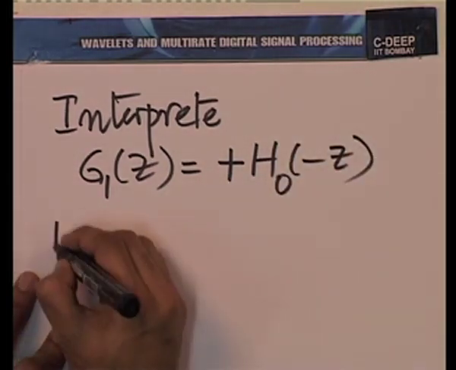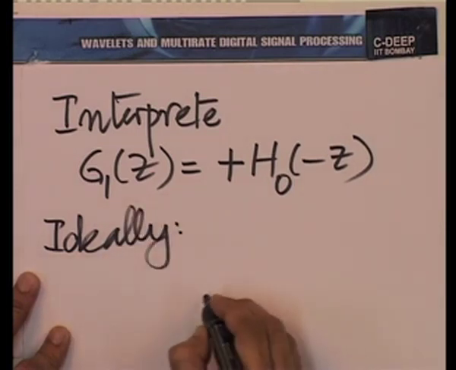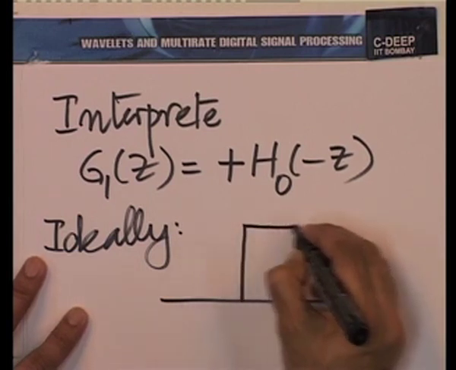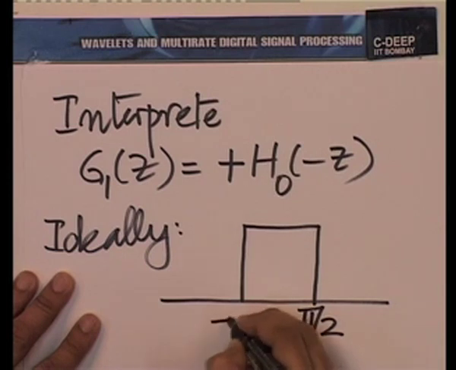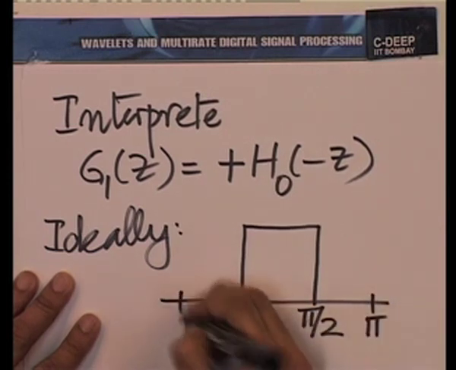You see, ideally, this is what the frequency response of H0 should be. It should be an ideal low pass filter with a cutoff of pi by 2. So, this is what the frequency response should look like.